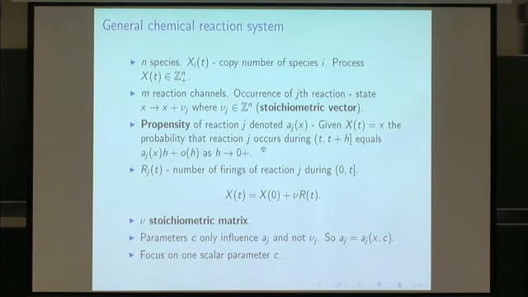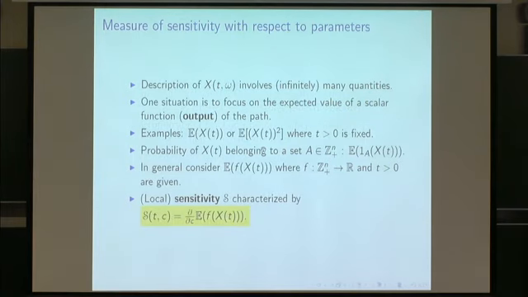Okay, so we are interested in how sensitive the model is to the parameters, and one way to characterize the sensitivity is via a partial derivative. So you look at a function of the state at a specified time t and take the expected value, and now that's just a number or deterministic quantity, and it's a function of c, the parameters.